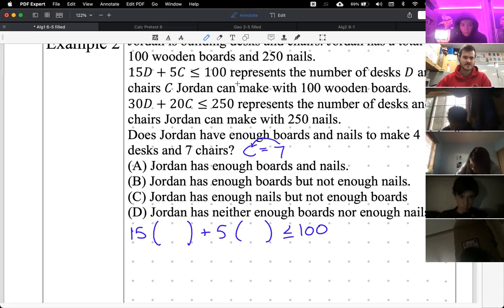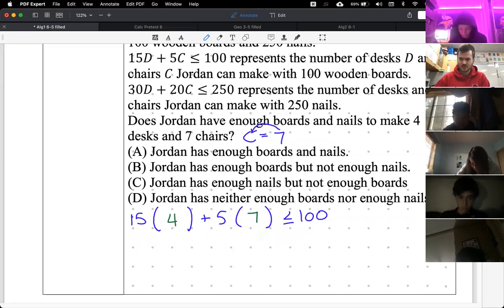As I said before, our capital D is 4 in this case, so 4 gets plugged in. And capital C is 7, so 7 gets plugged in right here. And we have to verify, is this left-hand side still less than or equal to 100?